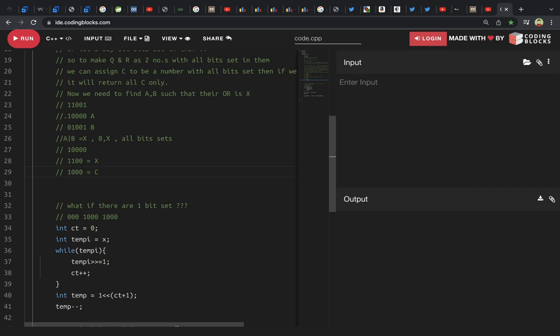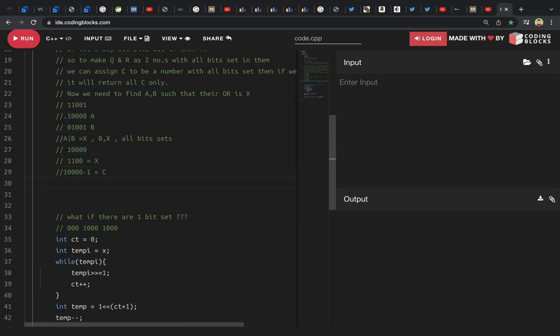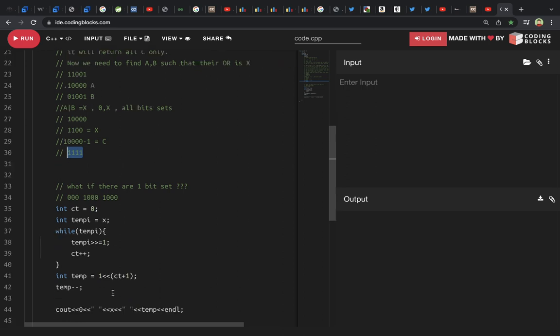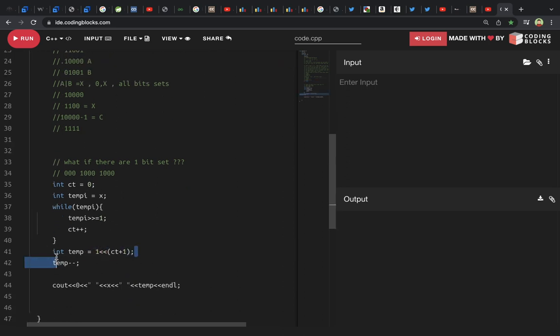And I left shift it one more time, and when I decrease 1 from it, what I'll get is a number that has all ones and is of the length of x when represented in binary form.